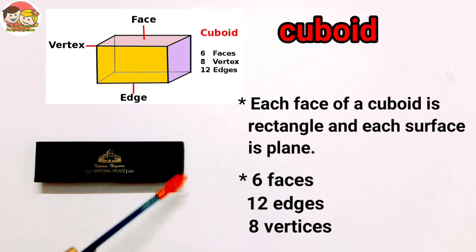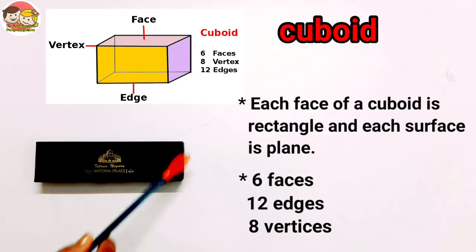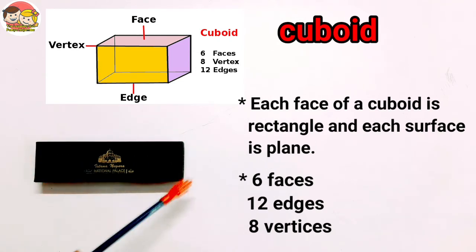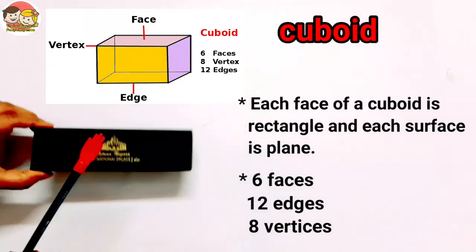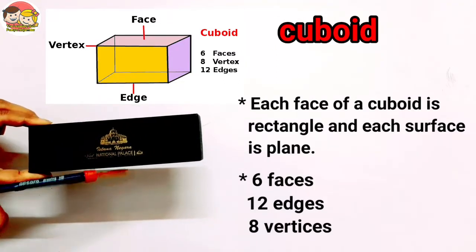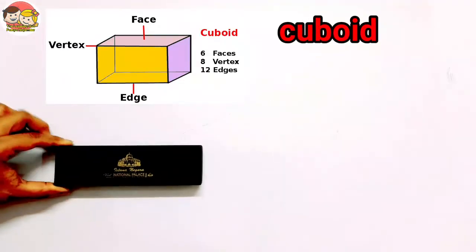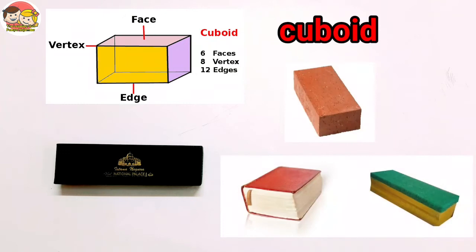These points or corners are called vertices. So a cuboid has 6 faces, 12 edges and 8 vertices. All its opposite faces are equal, like this and these faces are equal, and this one and this one. These two faces are equal. In everyday life, many objects are cuboid shaped, such as box, brick, book, duster, etc.